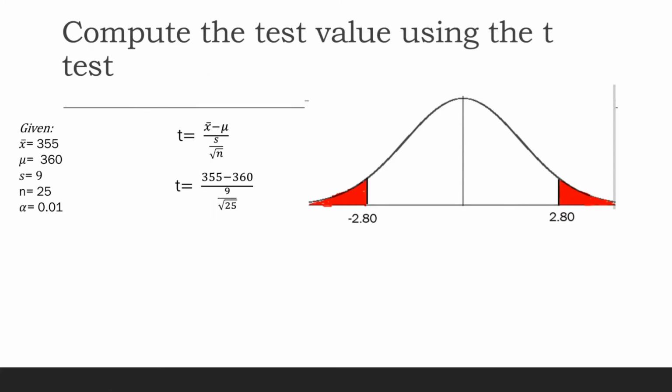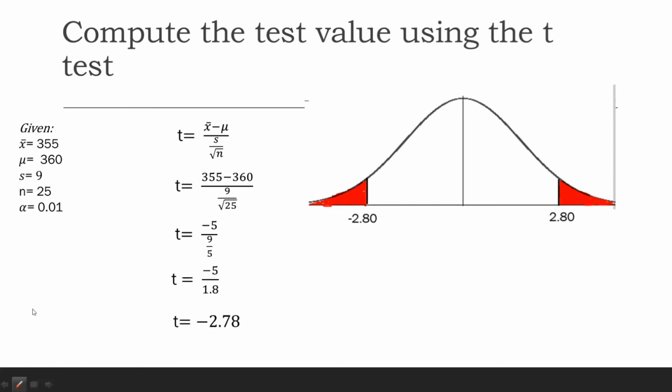Then let's simplify. So 355 minus 360 is negative 5. And then square root of 25 is 5. Then 9 divided by 5 is equal to 1.8. Then negative 5 divided by 1.8 is equal to negative 2.78.